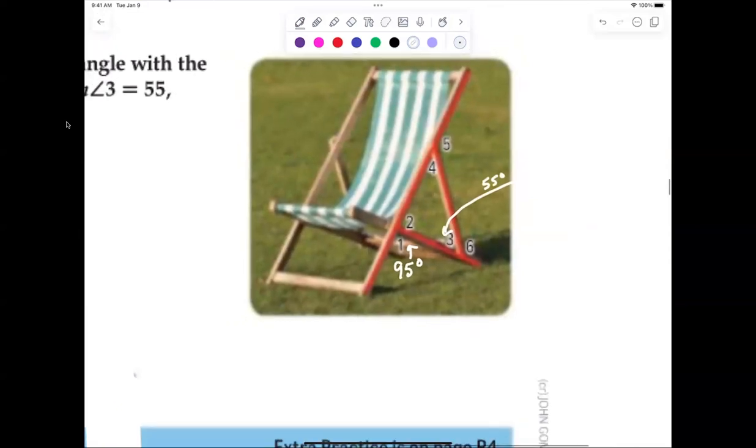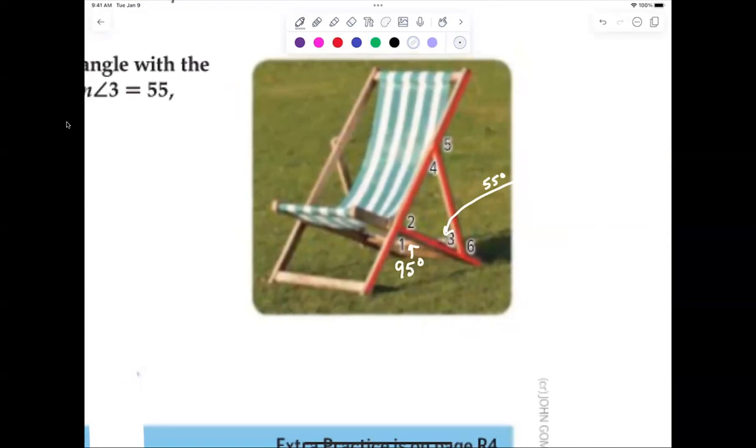Everybody should be able to figure out the rest of the angles. So I'm missing 2, 4, 5, and 6.